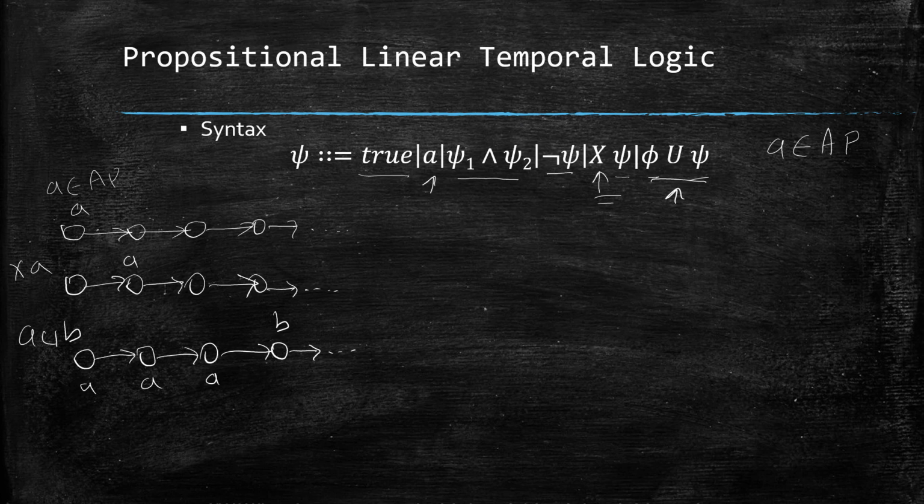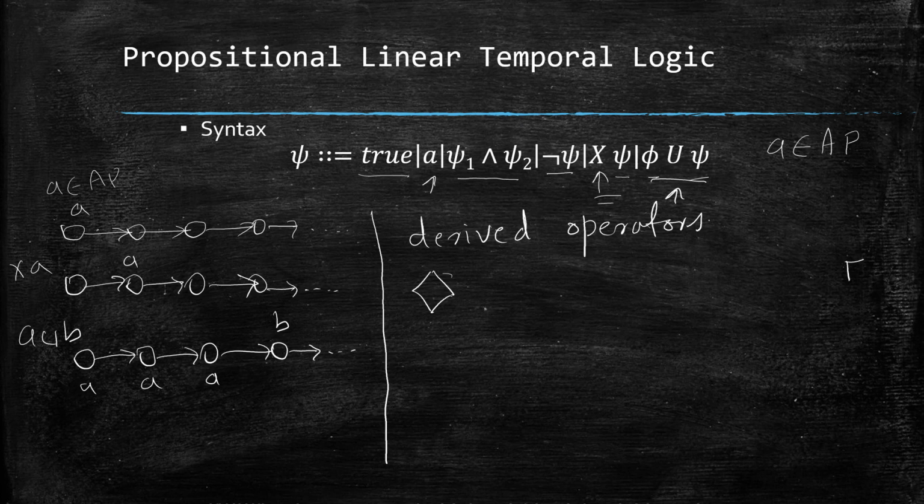And then we have these derived operators for linear temporal logic. So what are these? The first one is the eventually operator, which is usually expressed as a diamond, or in some cases you can also write it as F, future.